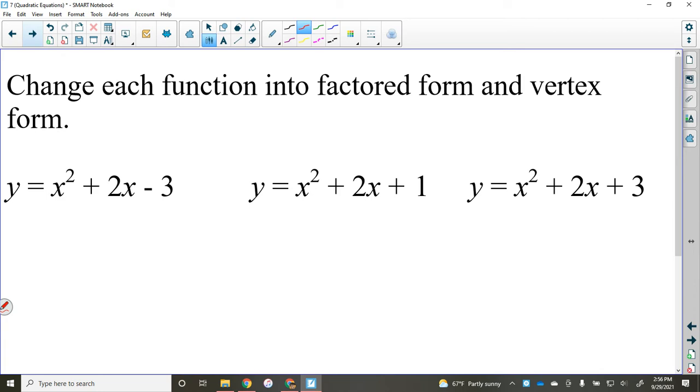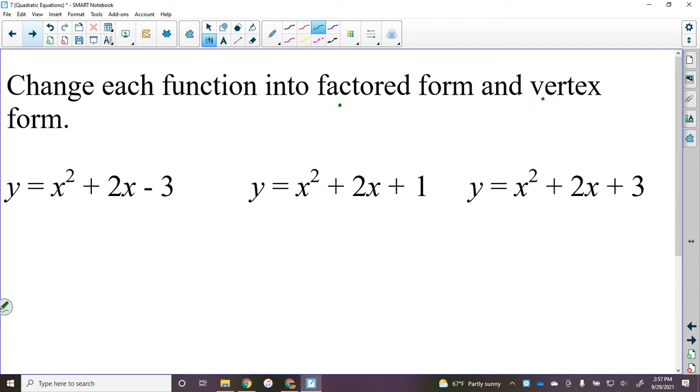Okay, so guys, we actually have a third form we haven't talked about. We talked about standard form, which all three of these are in. We talked about vertex form, but we haven't talked about factored form. Factored form is where you just factor them and leave them in that form. So they want us to change the standard form into factored form and vertex form.